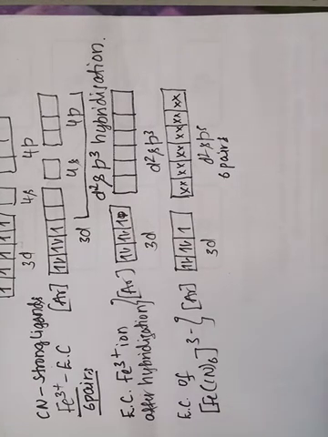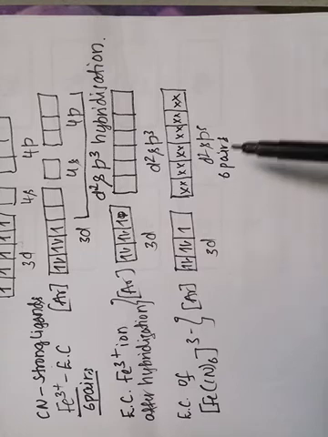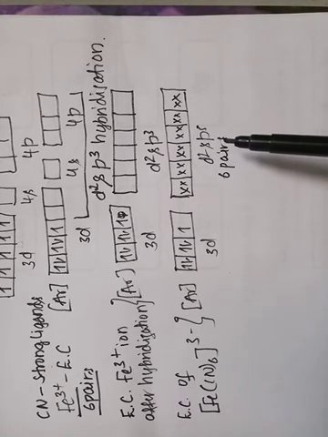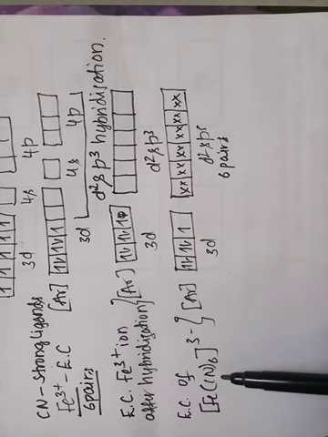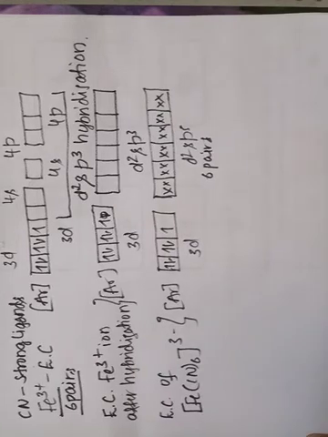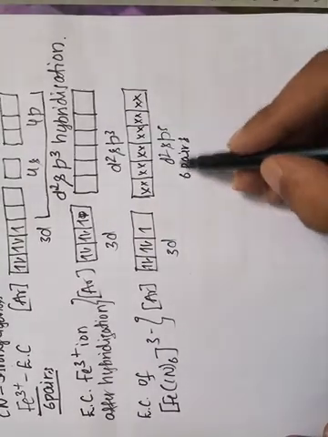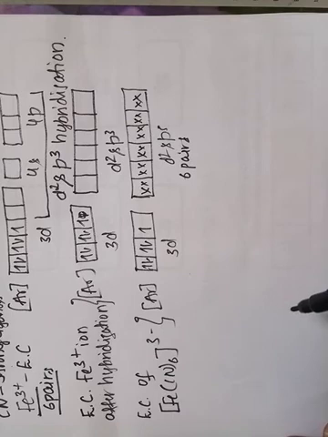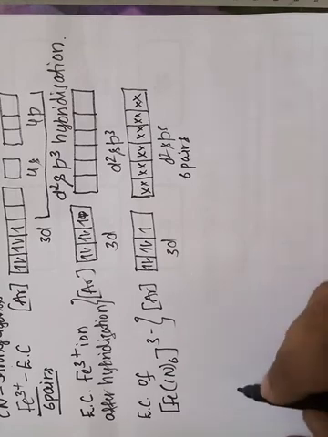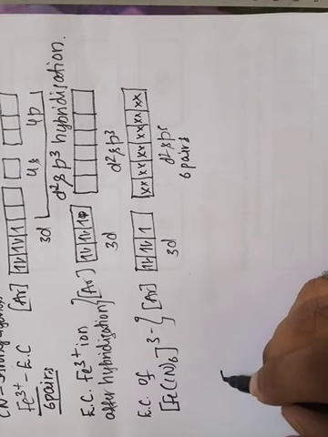These d2sp3 hybrid orbitals will overlap with the 6 cyanide ligands to form 6 coordinate bonds. These hybrid orbitals will be directed towards the 6 corners of a regular octahedron.